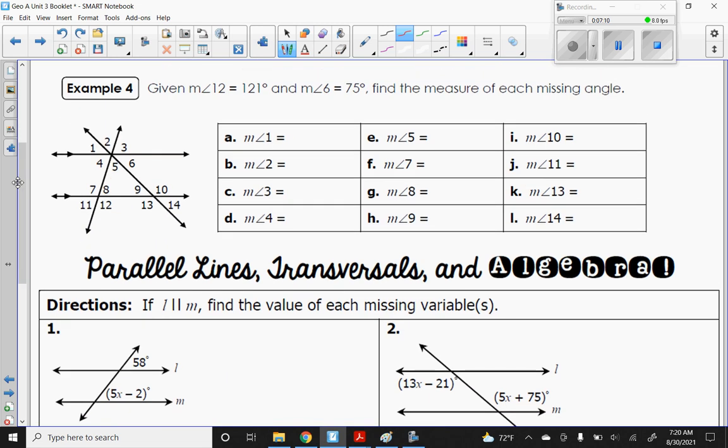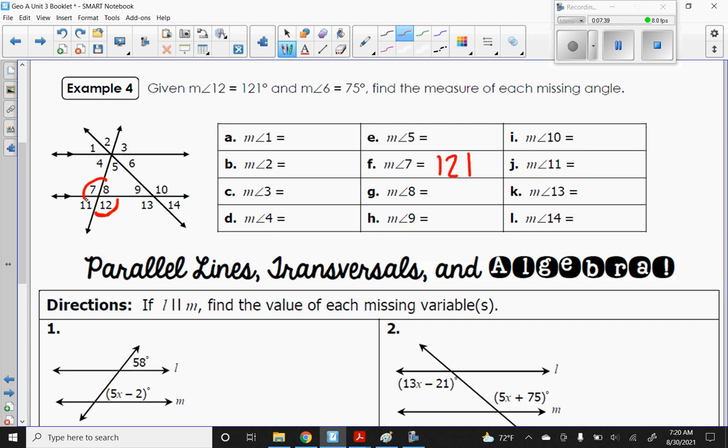All right, here we're going to get into some difficulty when we have more than one transversal and the transversals intersect. So this is going to get a little complicated, but I'm going to do my very best to help you. Angle 12 is 121. So right off the bat, I know angle 7 is 121 because they are vertical.